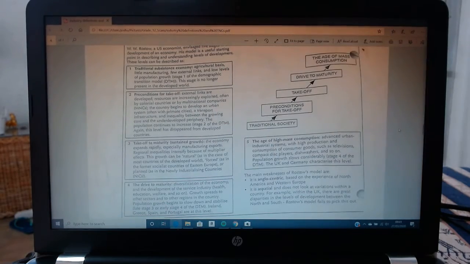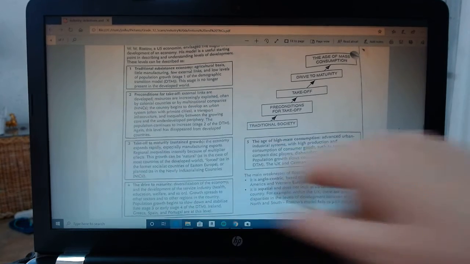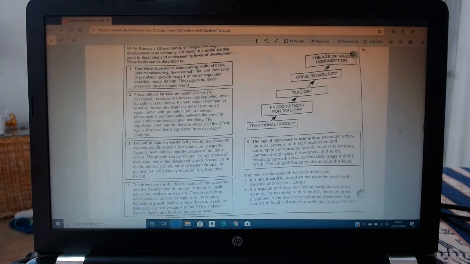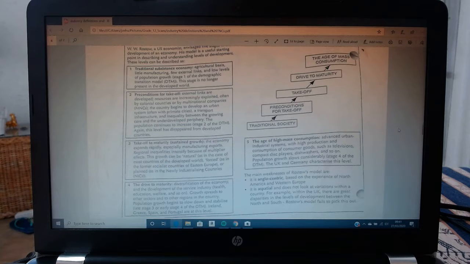Second, preconditions for takeoff. External links are developed. I want you to put the word trade out here. Okay, so they start to make links with other countries through trade and immigration, maybe. Resources are exploited, so they start to use their own natural resources, be it coal, oil, gas, metals, wood, anything.